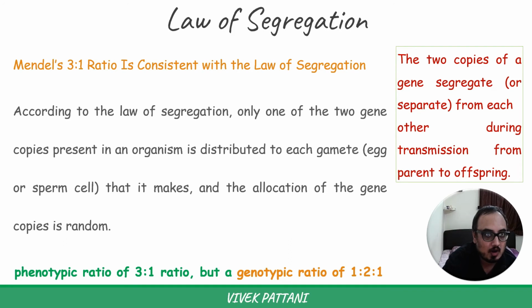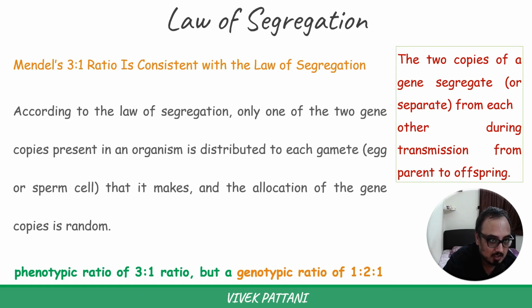The factors or alleles of a pair segregate from each other such that the gamete receives only one of the two factors, and of course a homozygous parent produces all gametes that are similar, while the heterozygous one produces two kinds of gametes, each having one allele in equal proportion.